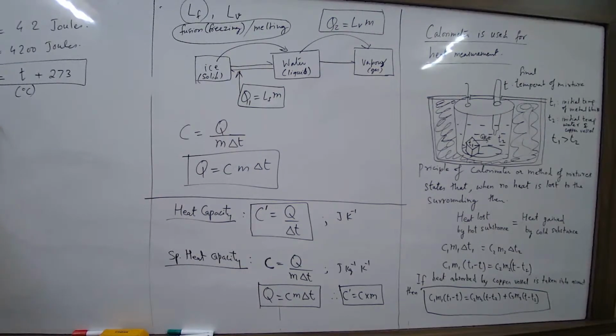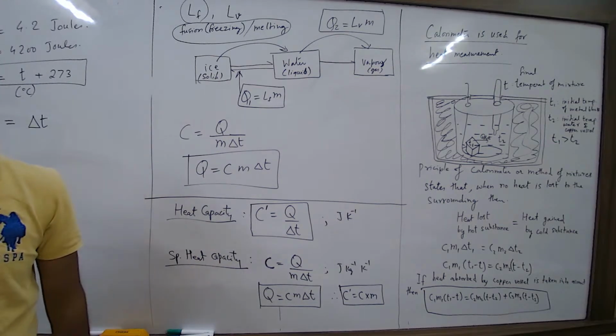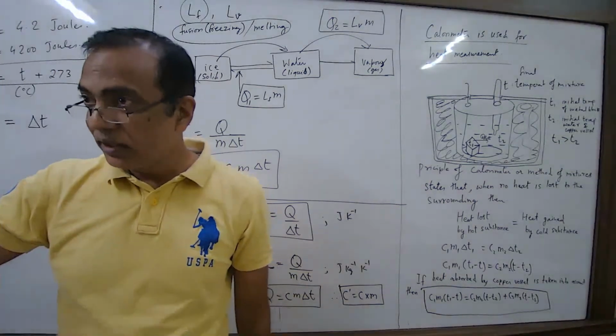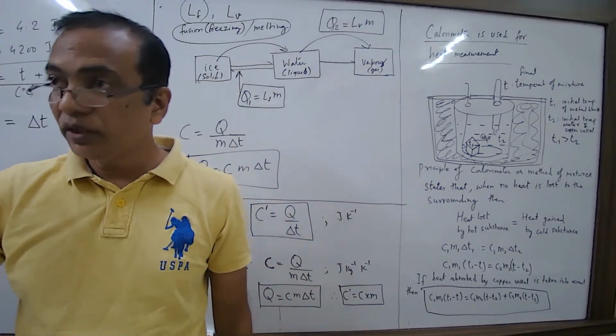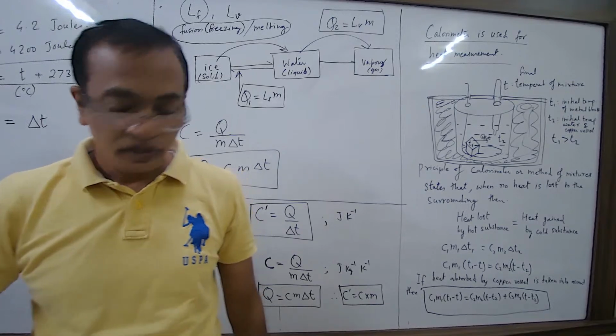To convert from absolute scale to Celsius, just subtract 273. There is one more thing: the difference on Kelvin and delta T on Celsius is the same. The rise in temperature when a substance is heated is the same on both scales. It does not change, okay?